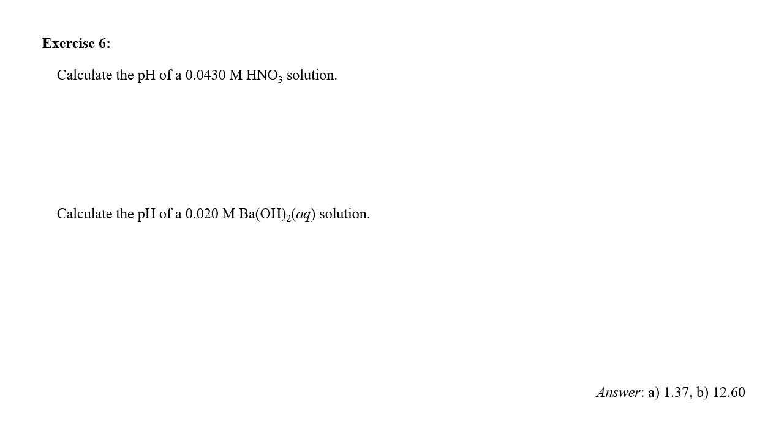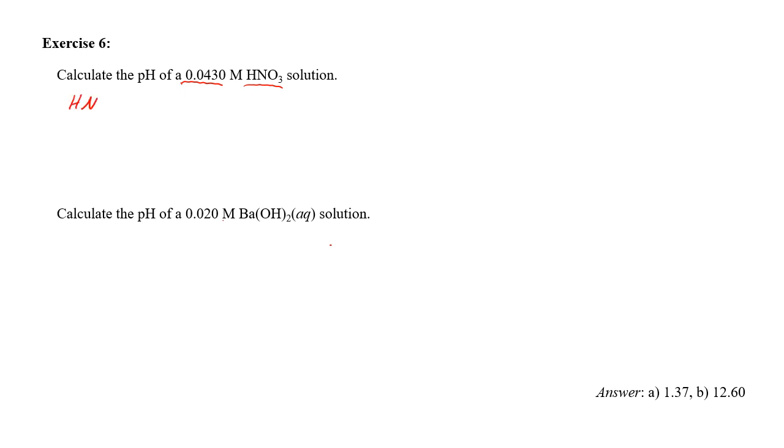Let's say we wanted to calculate the pH of a 0.043 molar nitric acid. We'll be looking at that formula and saying, oh, I know that. That's a strong acid. So to try to understand this problem, let's take a look at the dissociation. I could write the reaction in one of 2 ways.